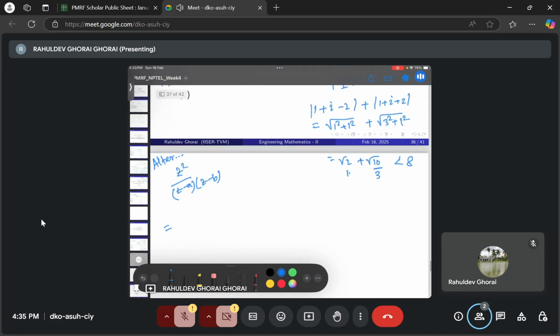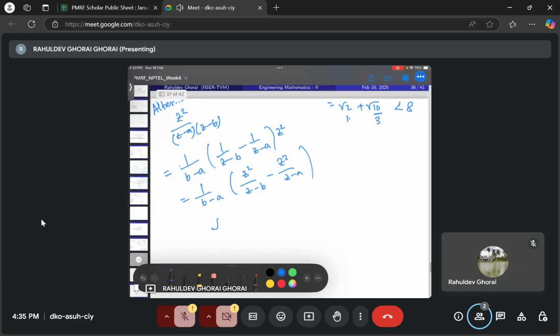A and b are two complex numbers, so you can always write 1 by b minus a times z square over z minus b minus z square over z minus a. Now you can use the Cauchy integral formula.